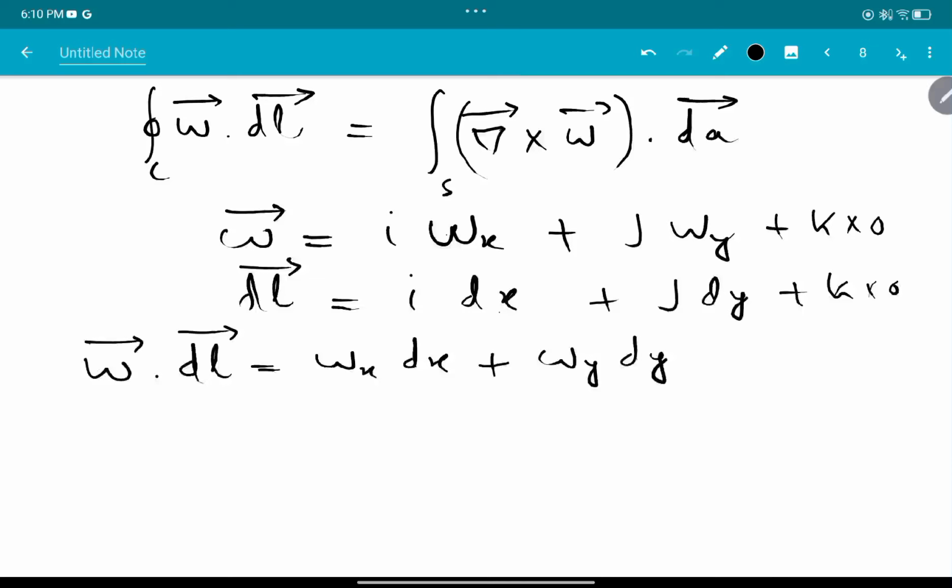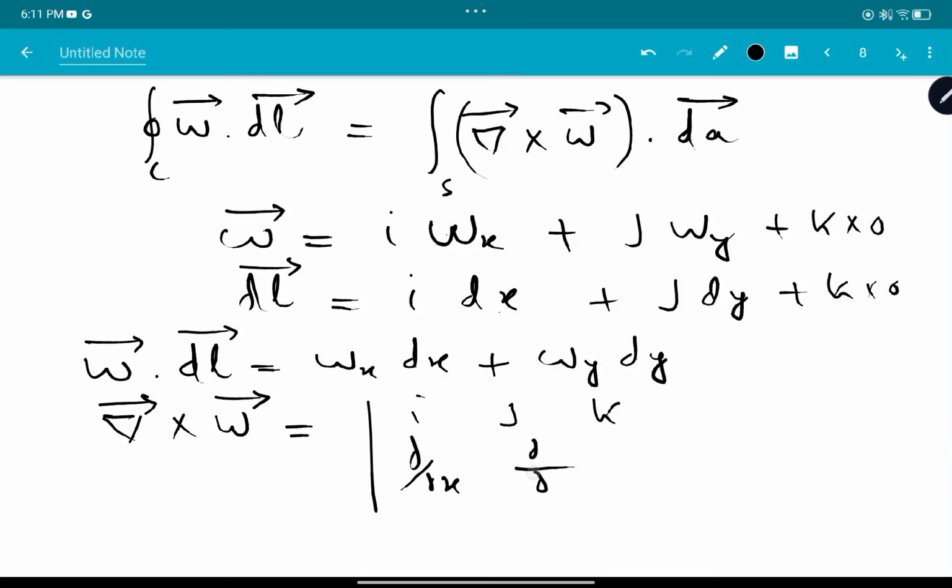Then, so far as the curl is concerned, del cross W, that will be the determinant with i, j, k, then d by dx, d by dy, d by dz. Now d by dz is 0.